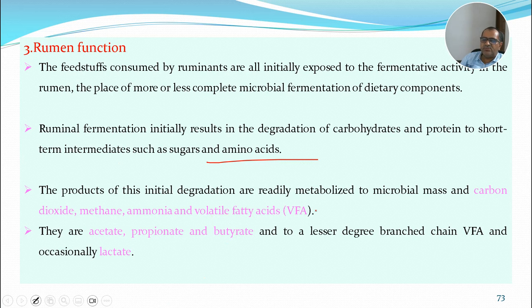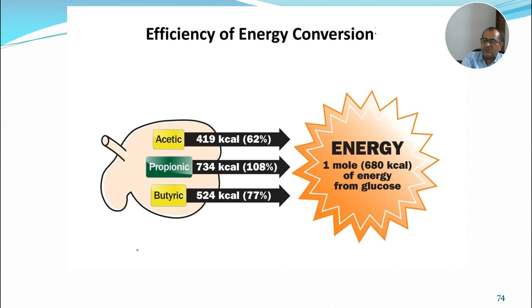The products of the degradation are converted to carbon dioxide, methane, ammonia, and VFAs. The VFAs, volatile fatty acids, are acetate, propionate, and butyrate. To a lesser degree, branched VFAs and occasionally lactates are also produced.